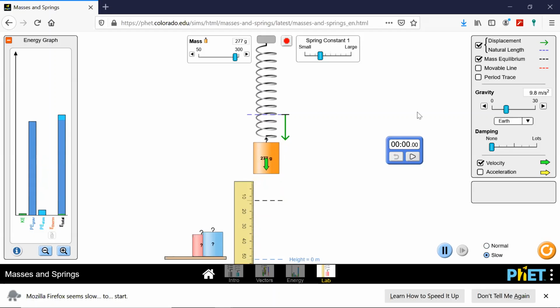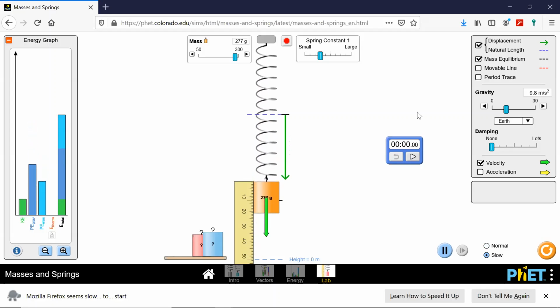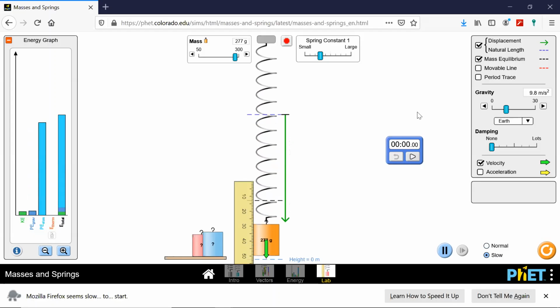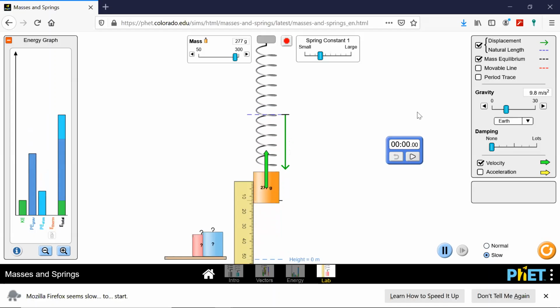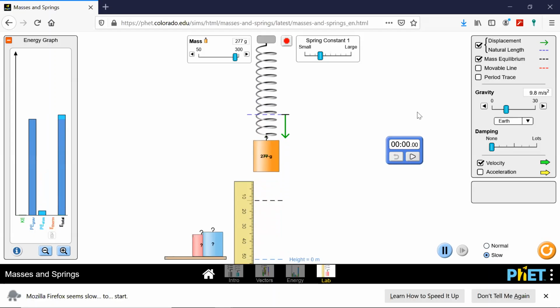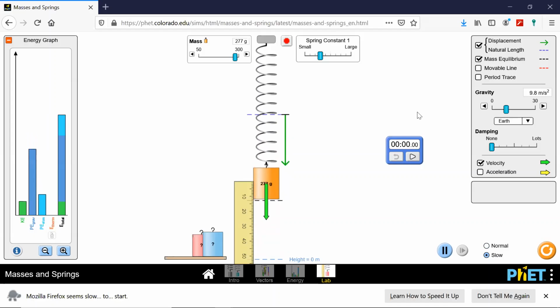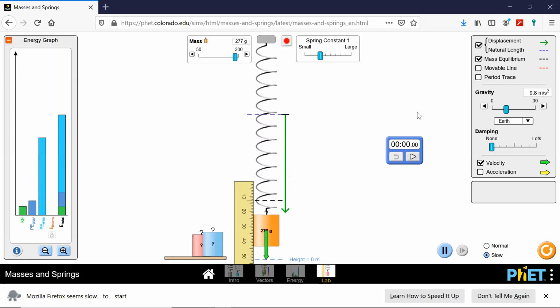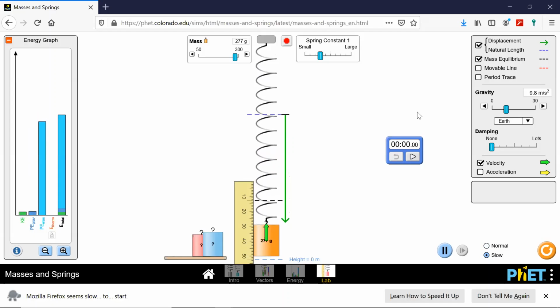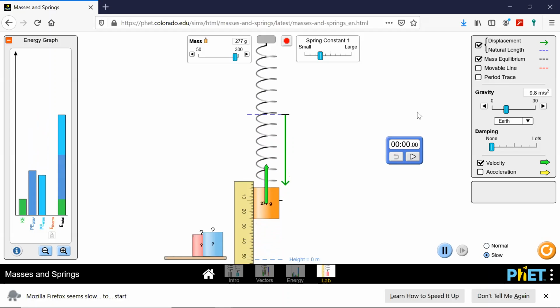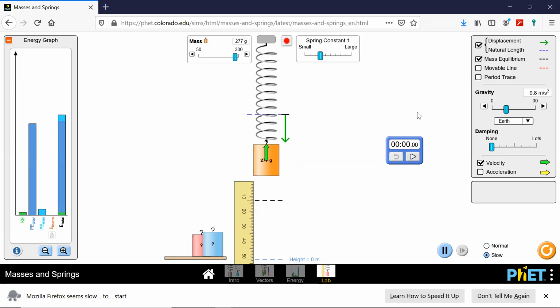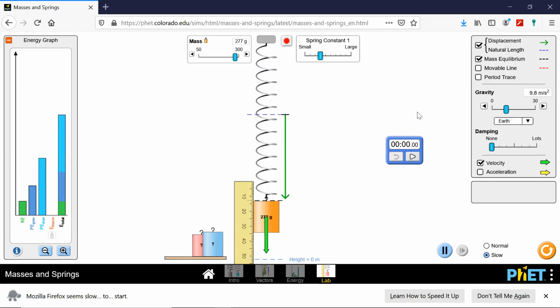Because it's that velocity that enters the formula 1/2 mv squared in the kinetic energy of the mass. You see how it changes. Still not helping.